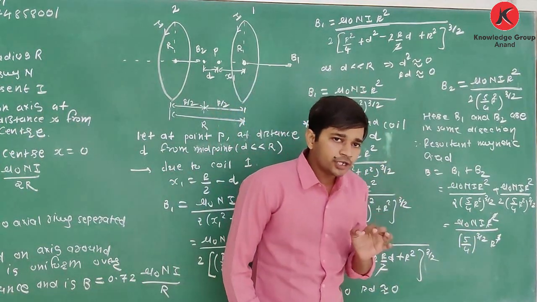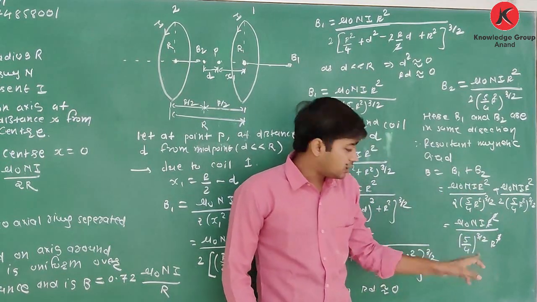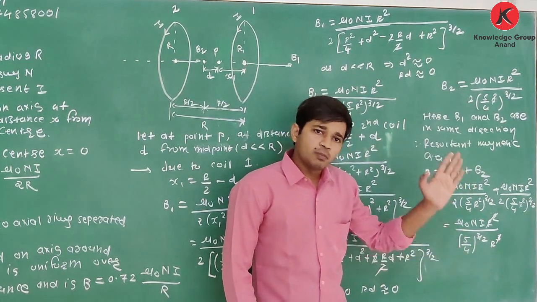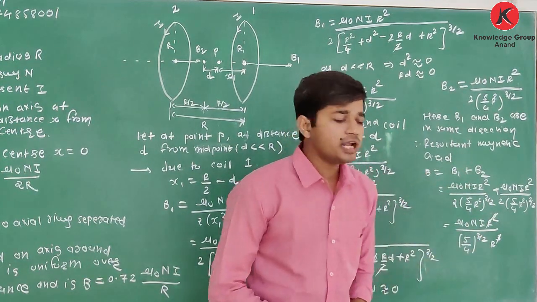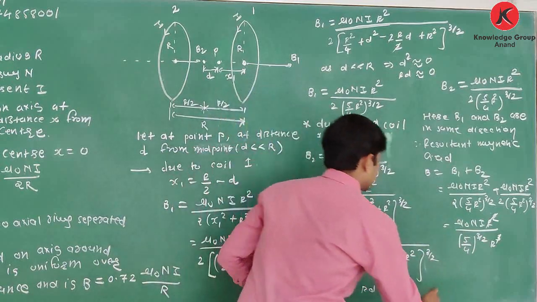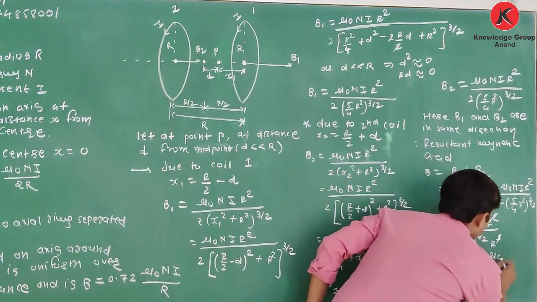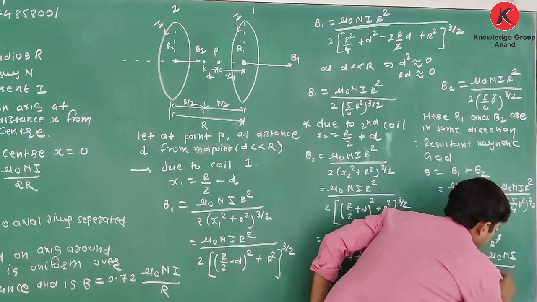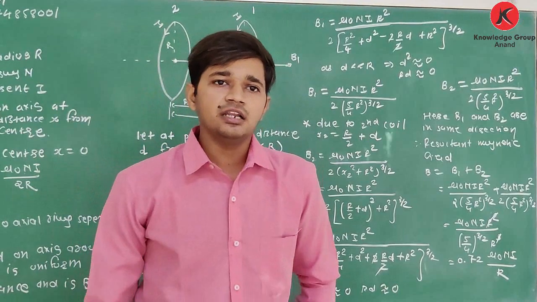First of all, take a calculator, compute 5 by 4, then multiply the answer 3 times, that is cube, and then take the square root. You will get your answer, which is 0.72. Numerator mu 0 N I, in denominator it is r. Clear about this?